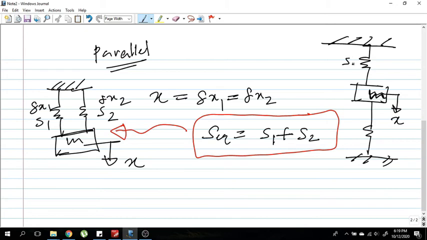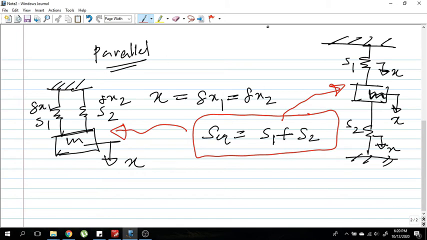The S2 spring will compress by a distance x, and the spring S1 will elongate, meaning the length of that spring would increase by a distance x. Therefore, in this case also you can find the equivalent stiffness value of the system by using this relationship. You just add the two stiffness values.